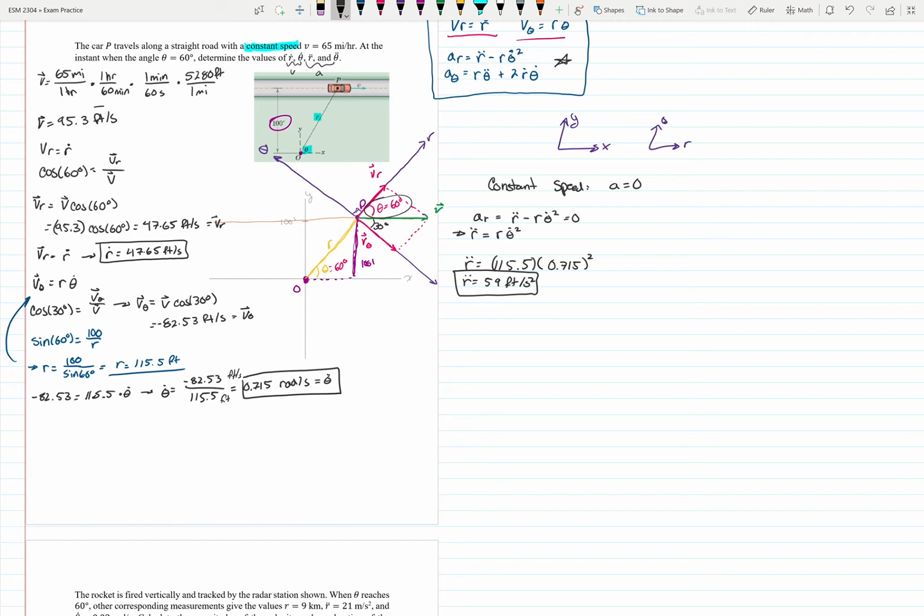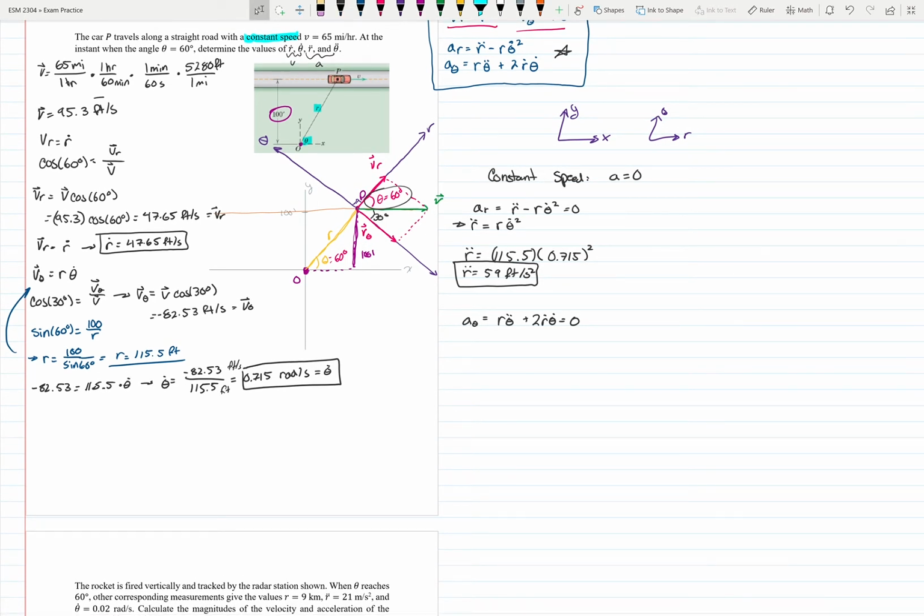And our final solution is the acceleration in the theta direction. Using that equation, a_theta is equal to r theta double dot plus 2 r dot theta dot, and that is all equal to 0. Solving this for theta double dot, we get theta double dot is equal to negative 2 r dot theta dot over r.